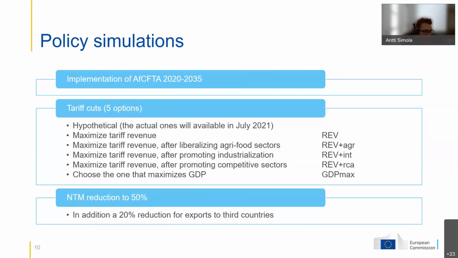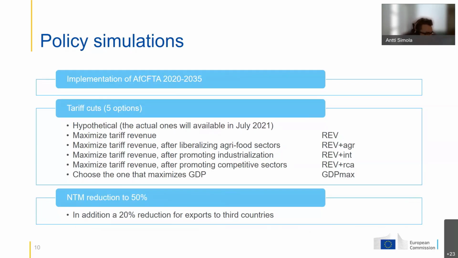Third is the promotion of industries that have revealed a comparative advantage. Finally, the last one takes into account that it's unlikely that all African countries would follow uniformly the same strategy. We consider an approach where the countries choose the one from the aforementioned strategies that maximizes their GDP.